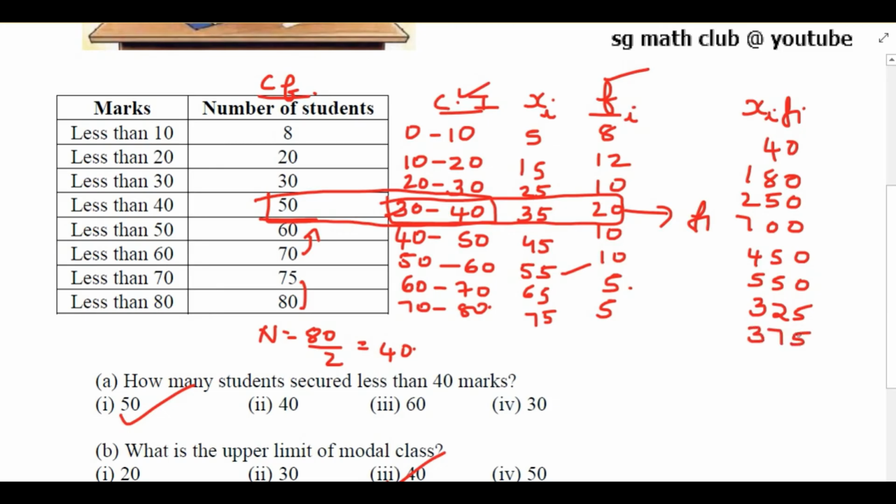Now sigma fi xi we need to find, because mean formula is x bar equals sigma xi fi divided by sigma fi.